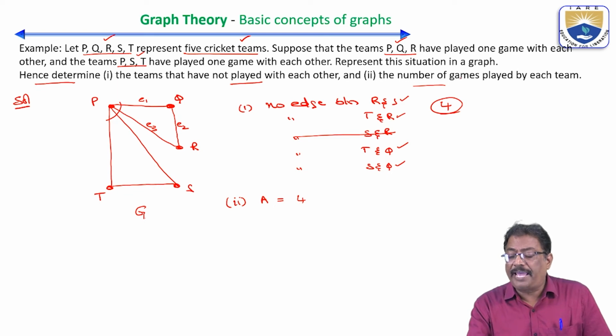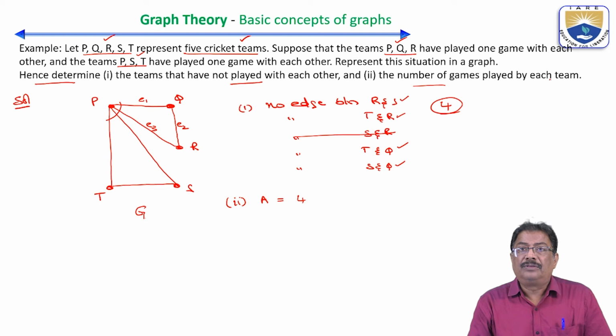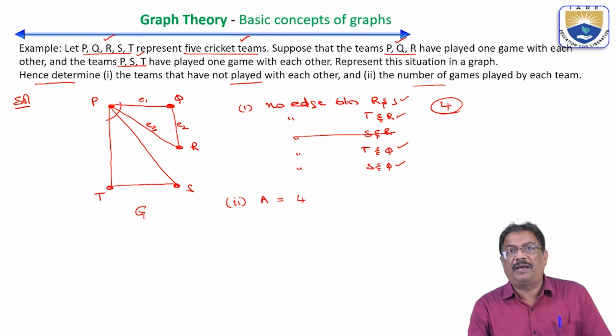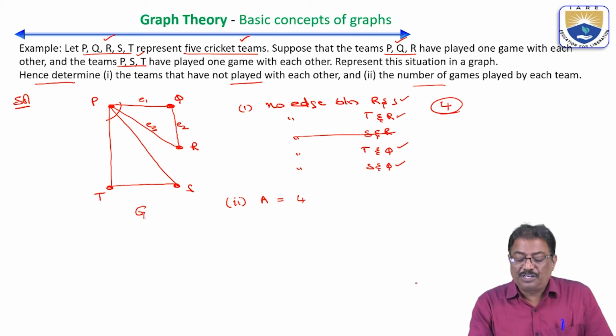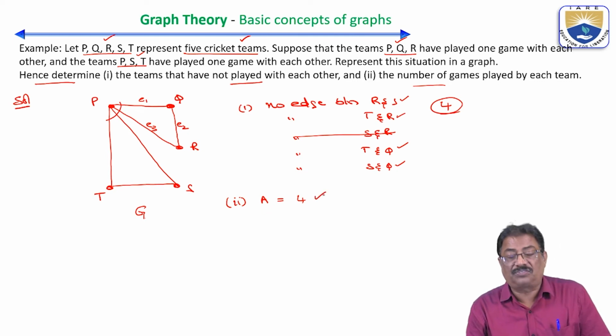How many games are played by each of the team? So P to Q is 1 match, P to R is 1 match, P to S is 1 match, and P to T is 1 match.